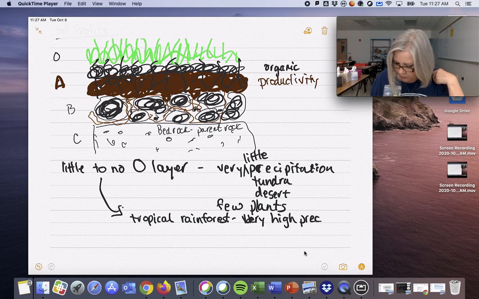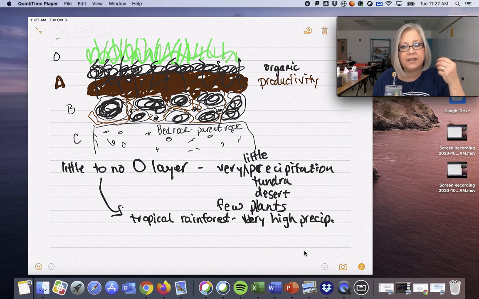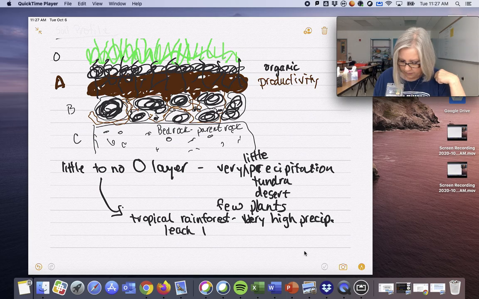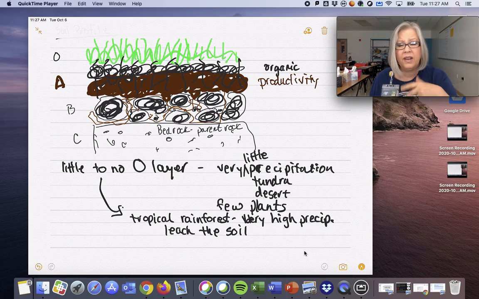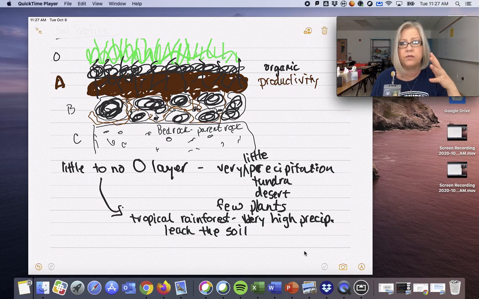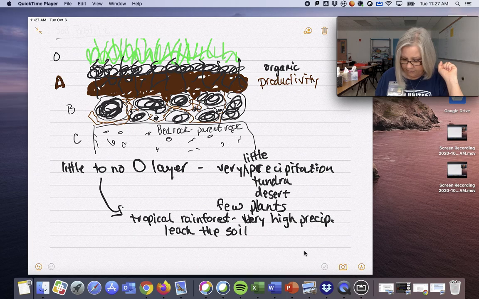And if you remember, the reason is that it starts to basically leach the soil. So it starts to run off, it goes down into the waterways, and then the soil loses it right away because of the amount of precipitation. Also, remember that plants have to grab it really, really quickly. So it's taken up fast.